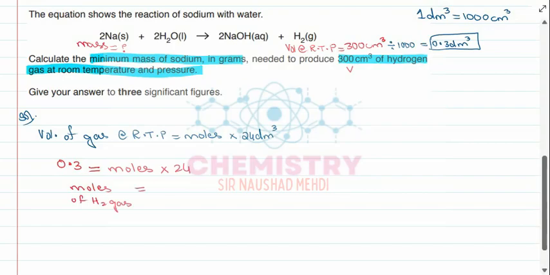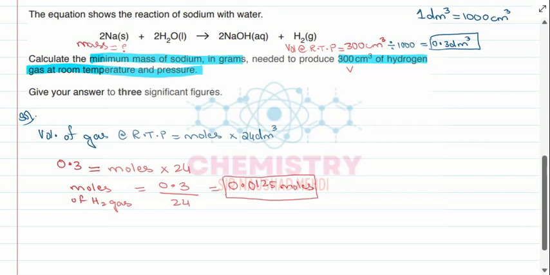So it would be 0.3 divided by 24. When you divide 0.3 by 24, you'll be getting 0.0125 mole. So these are the moles of the hydrogen gas.